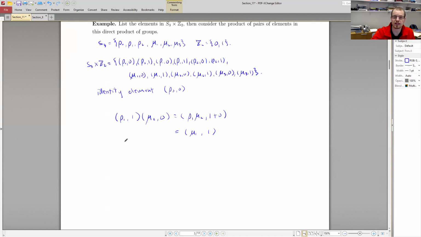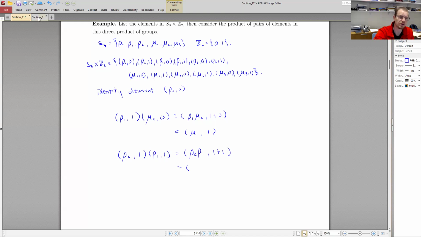If I wanted to, I could find inverses, right? So the inverse of rho 2, comma 1 should be, the inverse of rho 2, I believe, is rho 1, and then the inverse of 1 is 1. So rho 2, rho 1, and then 1 plus 1. And this results in, now I'm certain this is the identity, right?